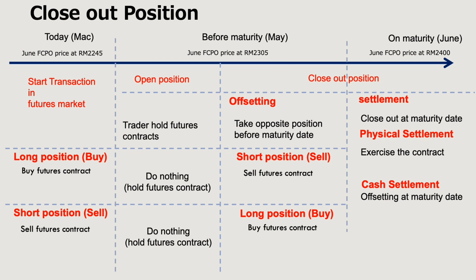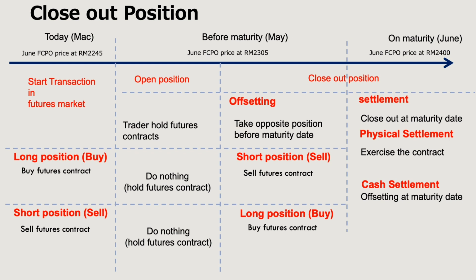Offsetting, you need to take opposite position before maturity date. For example, you start long position. To use offsetting, you need to sell futures contract or you take short position before maturity date. If you start your transaction with short position or you sell futures contract, to close out before maturity date, you must use offsetting. So you must buy futures contract before maturity date.